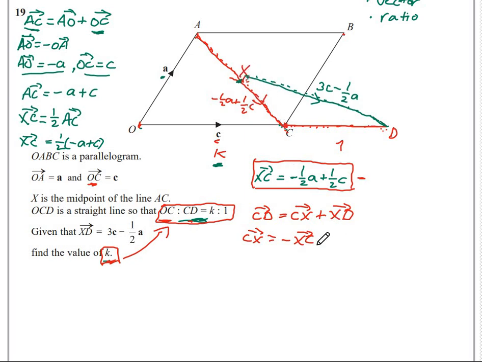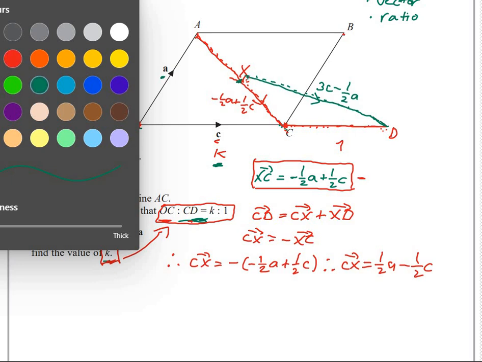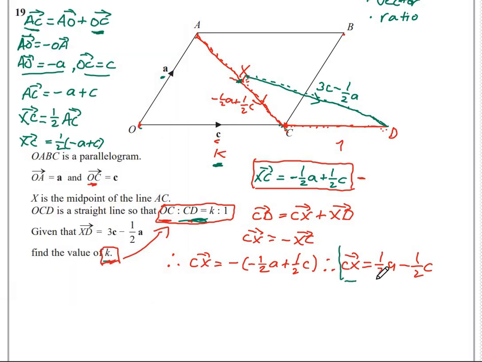So CX equals minus, minus half A plus half C. And so CX equals minus times minus half A, which is plus half A, and then minus times plus half C, which is minus half C. I'll just put that in a box there. Okay, there we go. So I found CX.